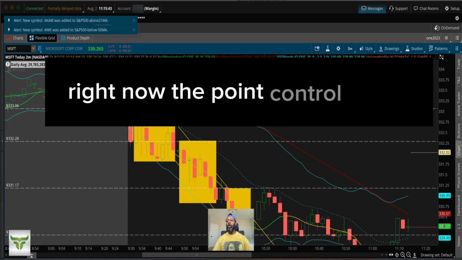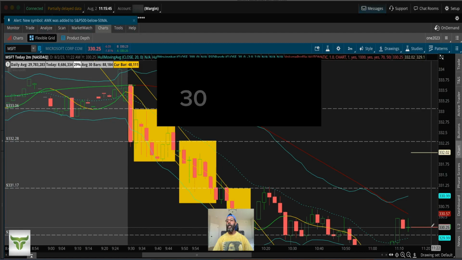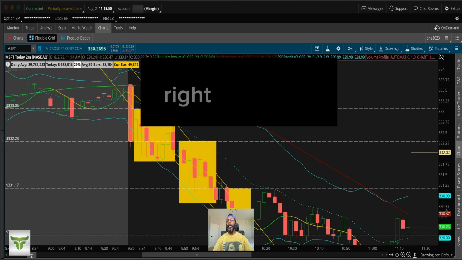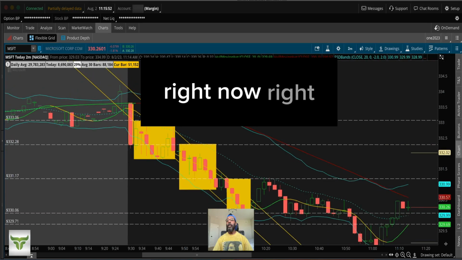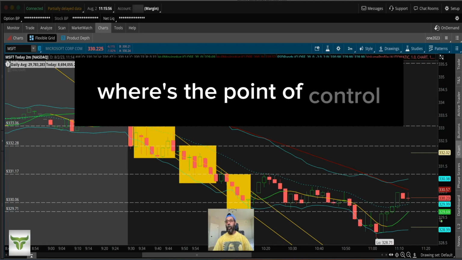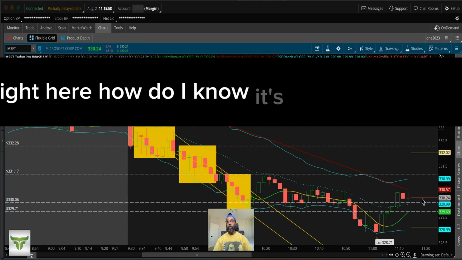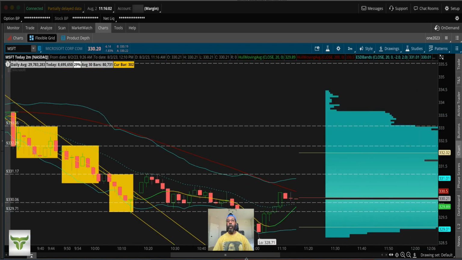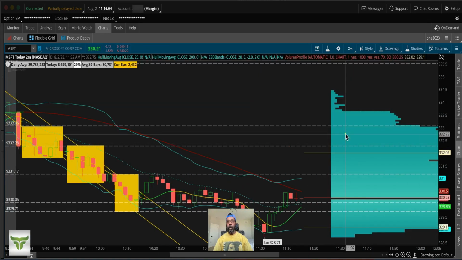Right now the point of control is 330.25 or so. And that's where the institutions are trading right now. Where's the point of control? Right here. How do I know it's the point of control? Because that's the volume profile.